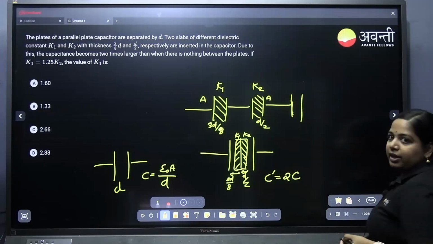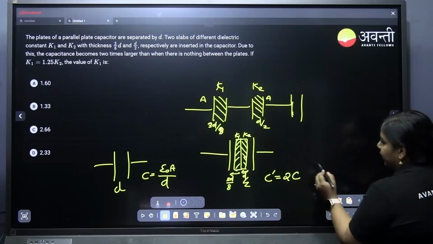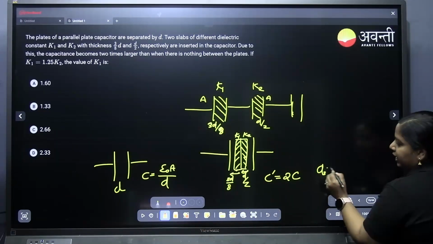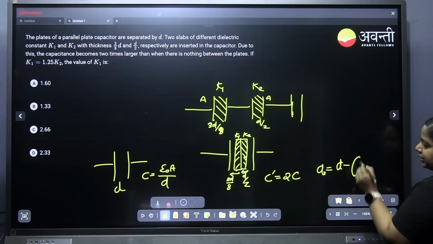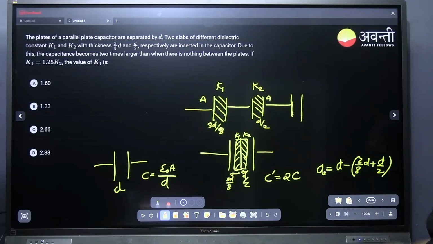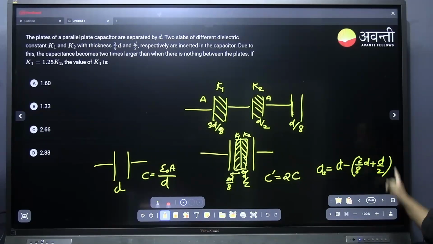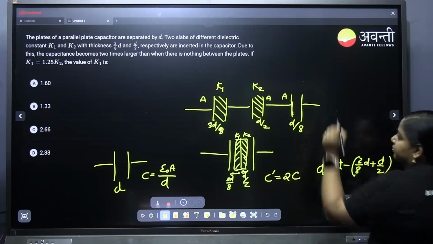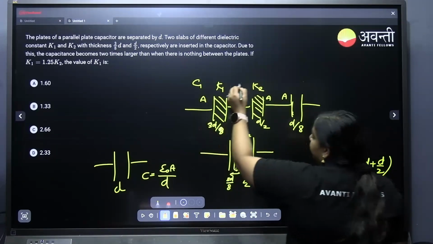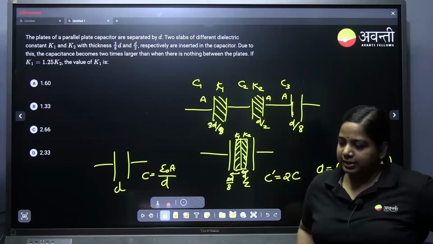Third one will have nothing in between, but what will be the distance? D3 will be equal to D minus (3 by 8 D plus D by 2). When you calculate this, you will get D3 equal to D by 8, area A. From here we can find C1, C2, C3, and you can find the equivalent capacitance C.